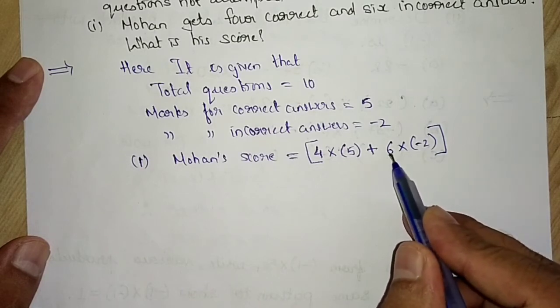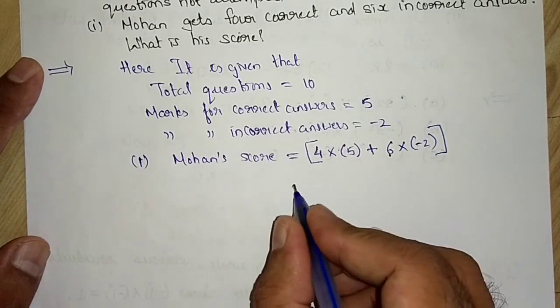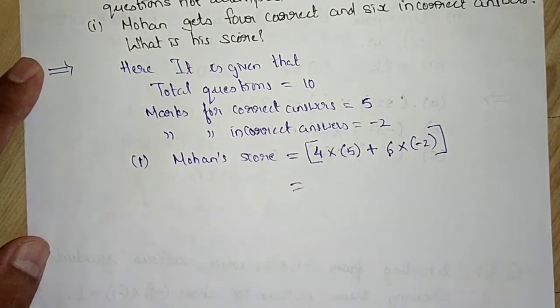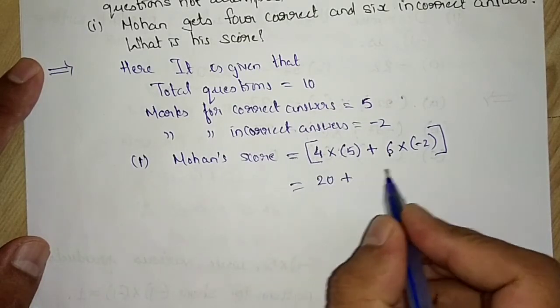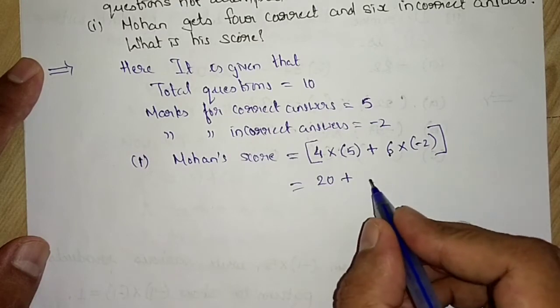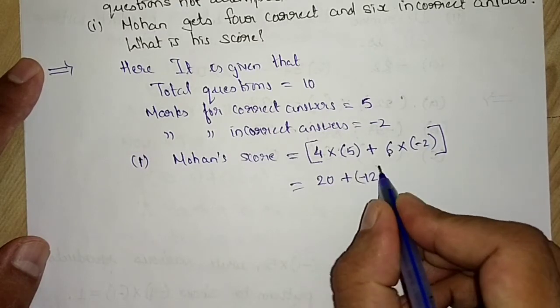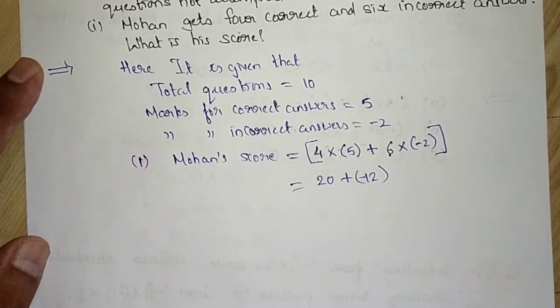Same way for correct answer. So 5 4s are 20, plus 6 into 2, 12, but -12 because there is a negative sign.